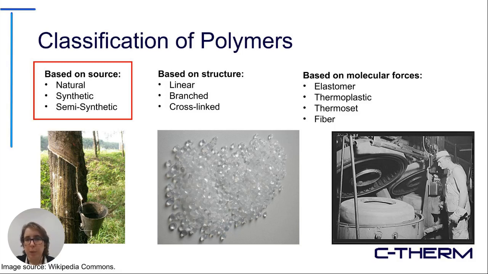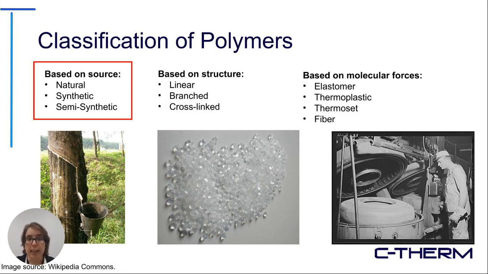So we can class polymers to start understanding their thermal properties. We kind of want to think about the classification of the polymers that we're dealing with. The general public would usually classify polymers based on the source of the polymer. For example, you can look at natural polymers like DNA, RNA, proteins, rubber, so on and so forth.